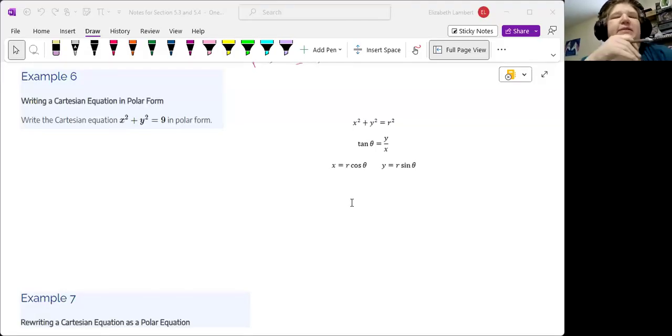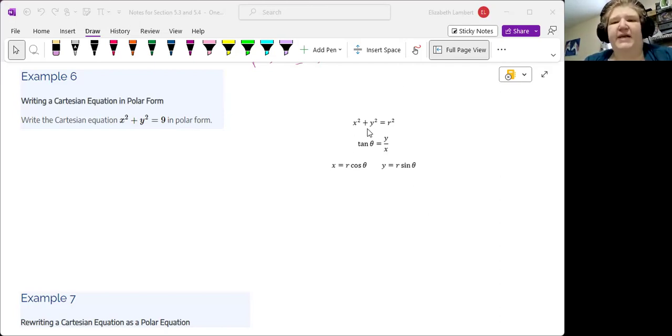More polar things. So example 6 here, we have a Cartesian, meaning an XY equation, that we want to write in polar form instead. So this one is x squared plus y squared equals 9. Whenever I'm having to do these conversions, I like to have all of my in-between equations, so I copied and pasted them here.